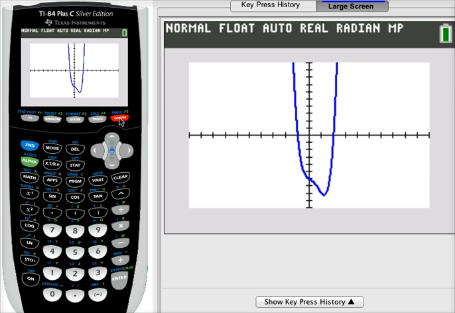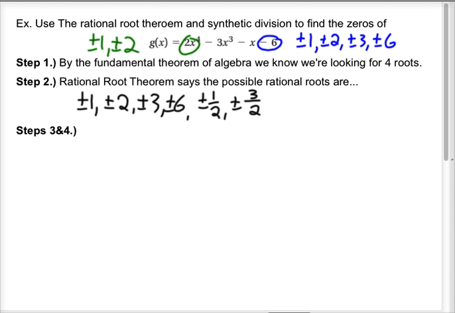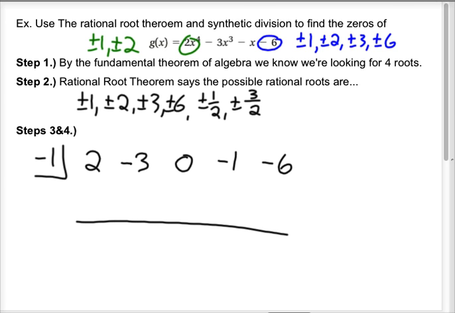So let's come back and start our synthetic division. We said negative 1 is a root, so let's use synthetic division to break it down. 2x to the 4, negative 3x cubed, no x squareds, negative 1x, negative 6. All right, let's bring this down. Bring down the 2, multiply by -1.